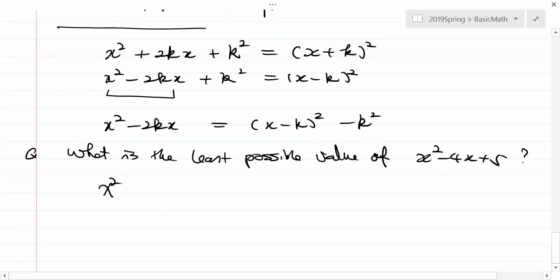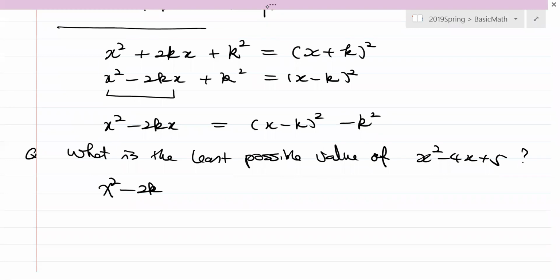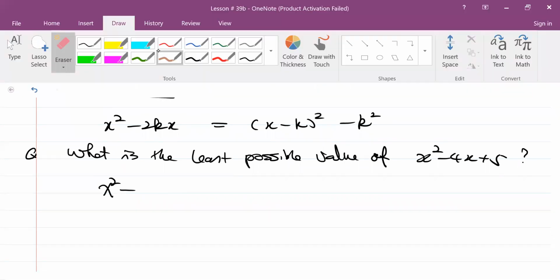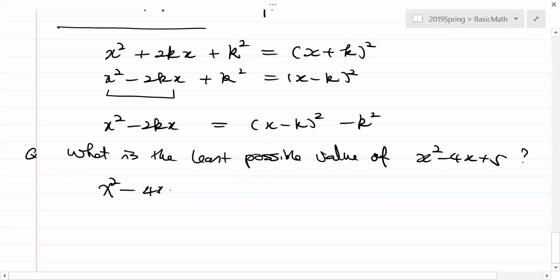So x squared minus 4x plus 5: take x squared minus 4x, this part, right? You can add the 4 here, then you have to subtract 4 from 5, that's 1.